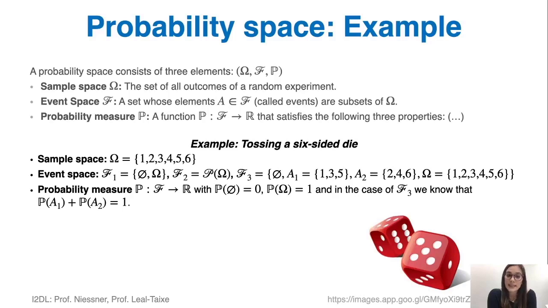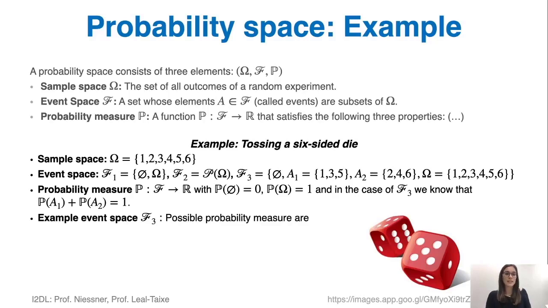What we can see is that if we take the union of A1 and A2, we get the whole set omega. So with the third axiom of our probability measure, you can just go back to the slide before if you don't remember it, you can derive that we have to make sure that the probability of A1 plus the probability of A2 must be equal to 1. So this is what we have to satisfy as a probability measure.